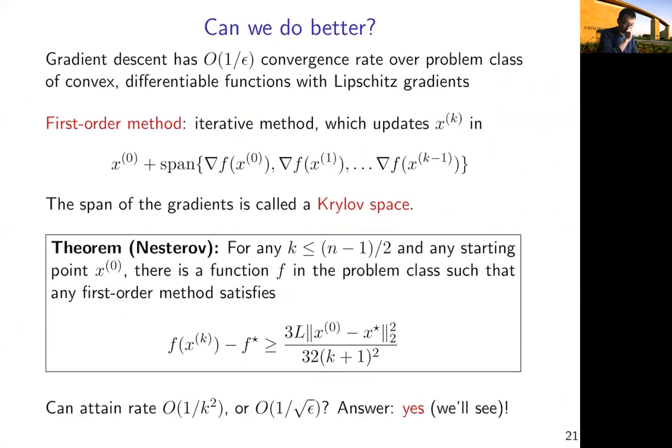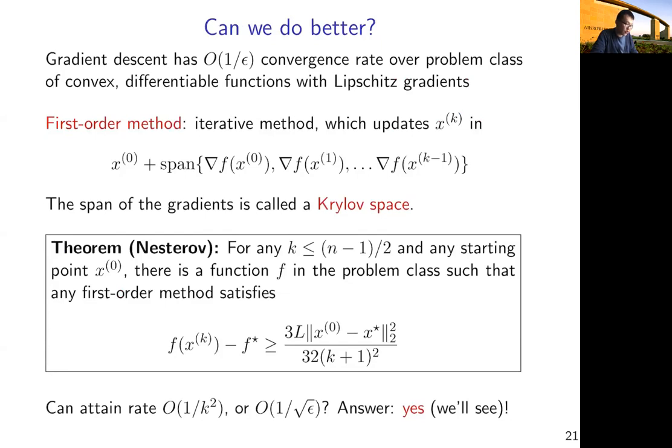So one question is whether this is the best possible, whether gradient descent can be improved. For the family of functions with Lipschitz gradients, it turns out that gradient descent is not actually the optimal algorithm.